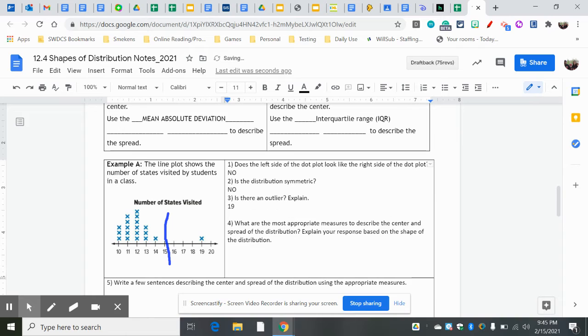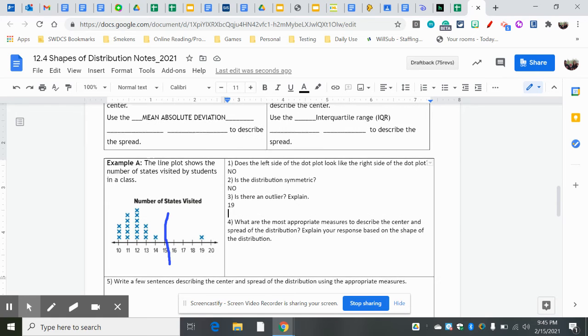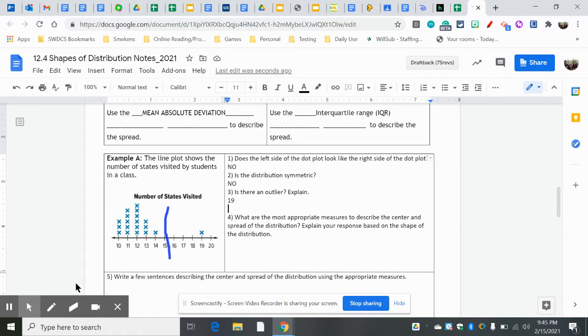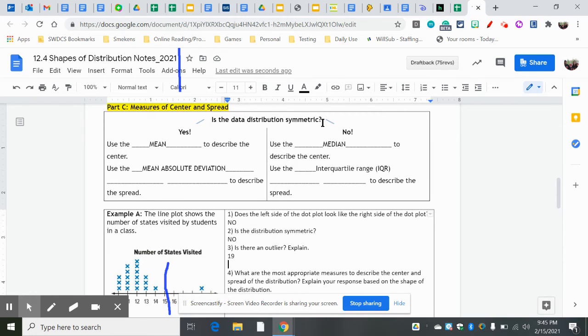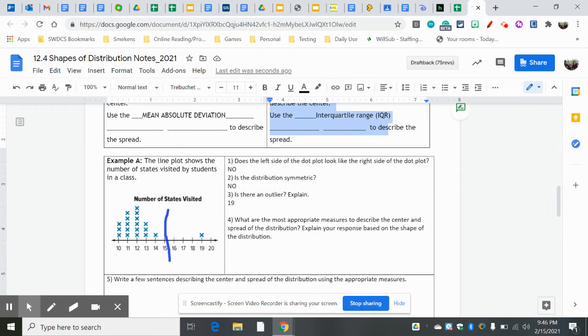What are the most appropriate measures to use to describe the center and distribution, and then explain your response based on the shape? So if I'm going to do this, I'm going to look up here. It was symmetrical? No. So I'm going to use median and interquartile range, okay?